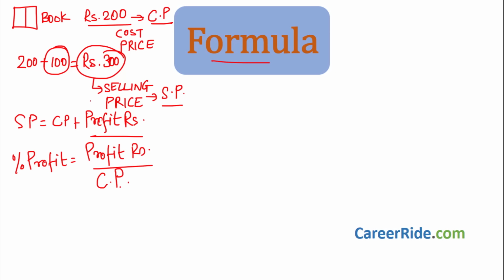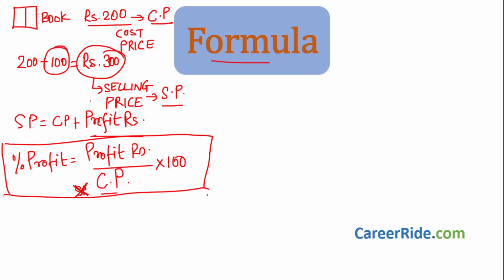Always remember, profit is always calculated on the cost price. Selling price will never ever come in the denominator. It will always be cost price when we talk about profit and loss. Since we want percentage, we have learnt in the percentage chapter that if you want something in percentage, just multiply by 100. So this is the formula for profit percent.